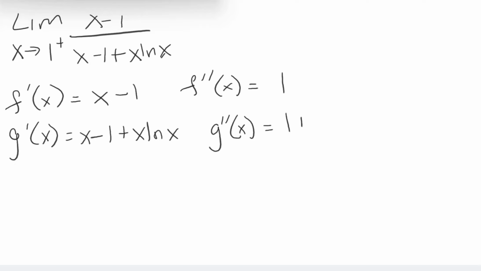So I have plus ln of x plus x times 1 over x. Since somebody's going to ask me if I change that to a 1 real quick. So this is 2 plus ln of x.